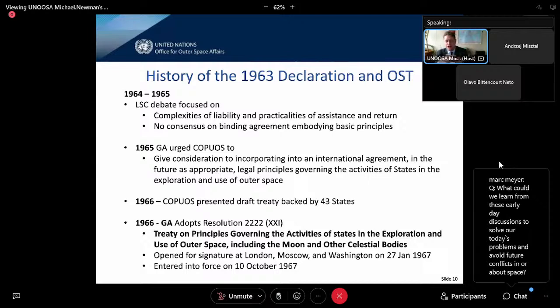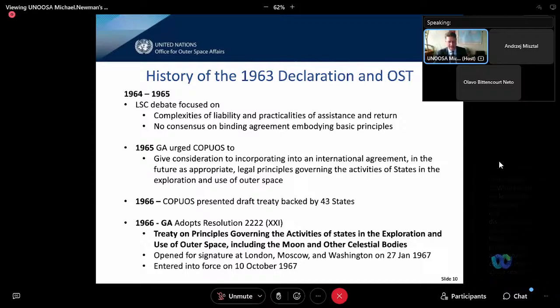There was no consensus on whether a binding agreement embodying those basic principles should be given. But then in 1965, the General Assembly urged the committee to give consideration to incorporating in an international agreement, in the future as appropriate, the legal principles governing the activities of states in the exploration and use of outer space.